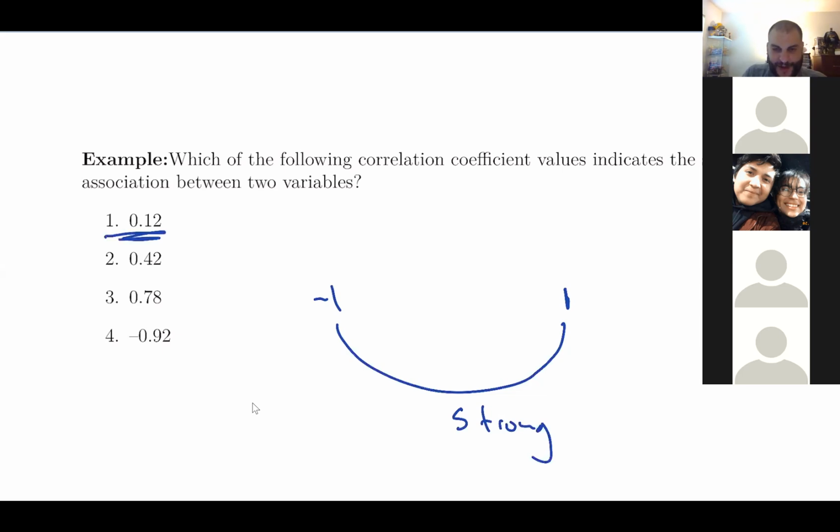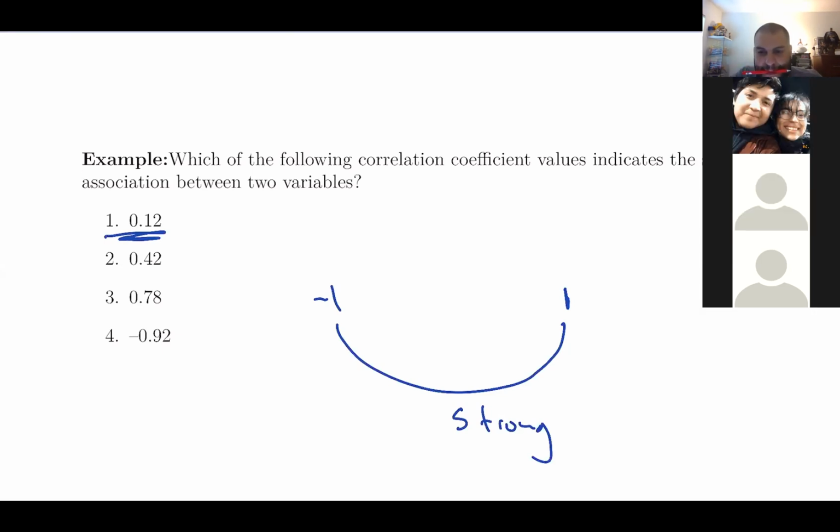Let's look at 0.12. Is 0.12 close to -1 or +1? No, it's not.